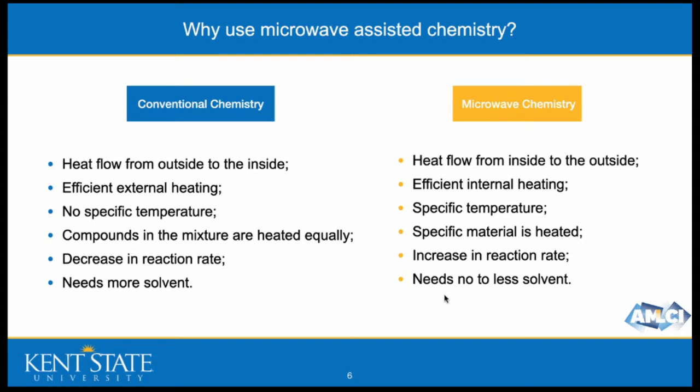And sometimes you need no solvent, or you need less than for conventional chemistry. Therefore, microwave chemistry is considered to be green chemistry because it's more energy efficient and needs less solvents. There's usually no workup needed afterwards, so you save many resources.